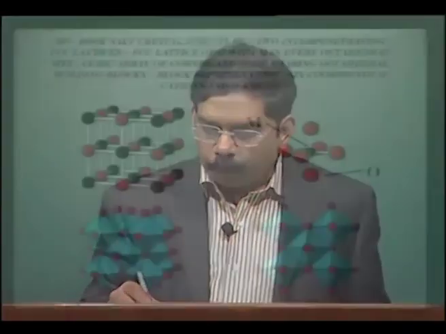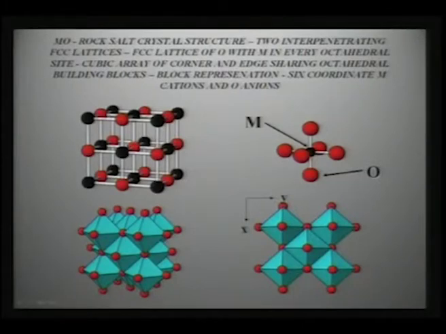One is with the red core as your center, which is octahedrally coordinated, and the second is this black sphere, which is octahedrally coordinated to 6 red spheres. So it can either be an MO6 octahedra or an OM6 octahedra, and together they can form either corner shared polyhedra or edge shared polyhedra.